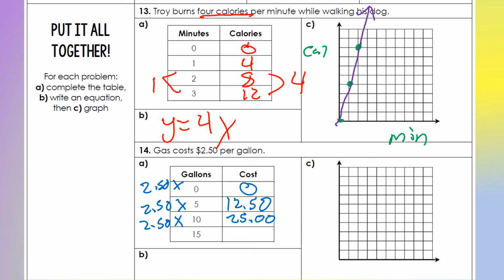And then the next one, we're multiplying 2.50 times 15, which is going to equal $37.50.